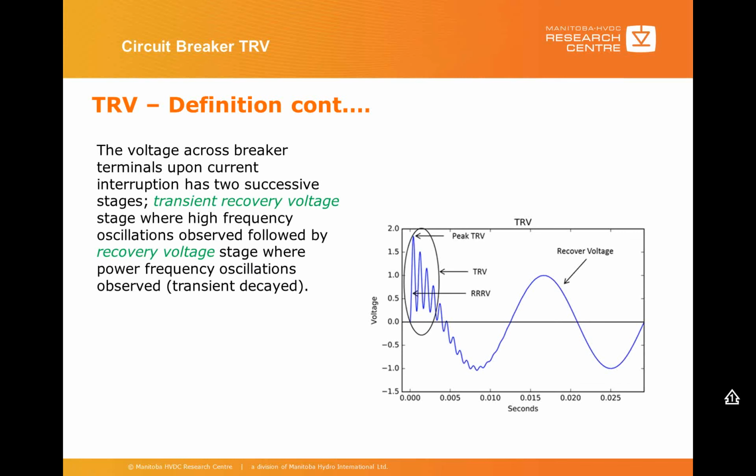By the time the transients have been damped out, you just see the normal power frequency oscillation as in this waveform. So this is the transient region, the TRV, and this area is called recovery voltage.